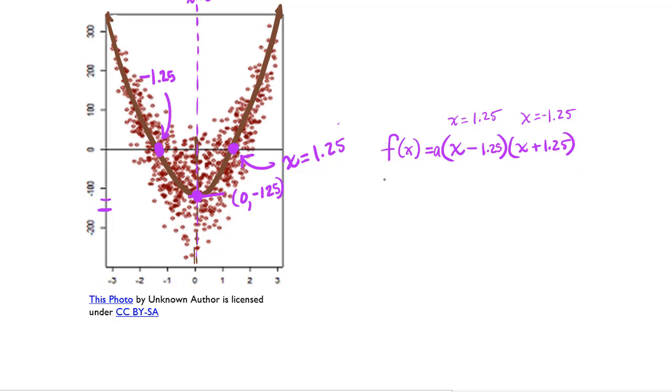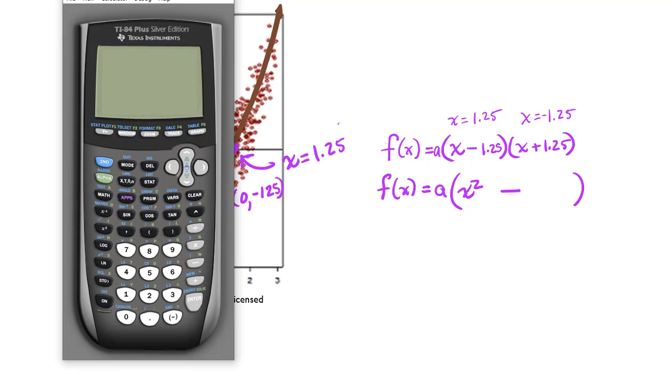Now I'm going to multiply these out. So I'll have a times the quantity x squared minus 1.25 times 1.25. Let's go ahead and calculate that really fast here. 1.25 times 1.25 equals negative 1.5625, the middle terms drop out, by the way, when you multiply them all out.